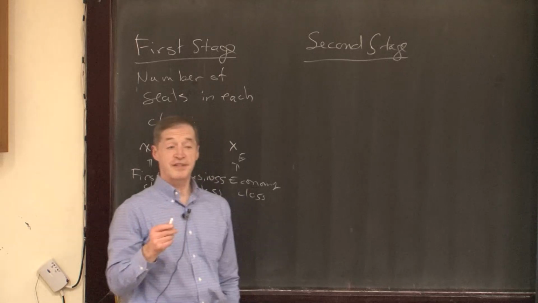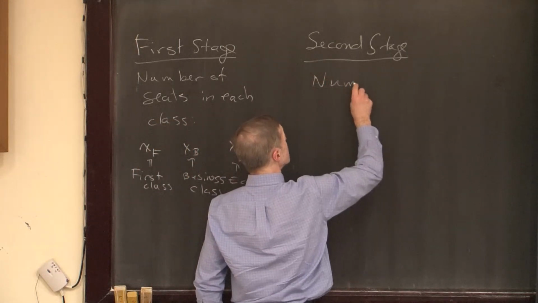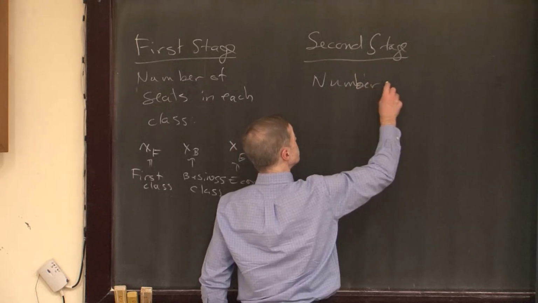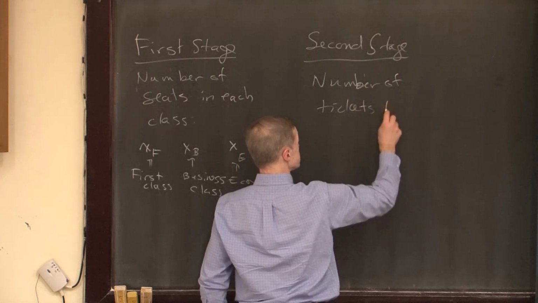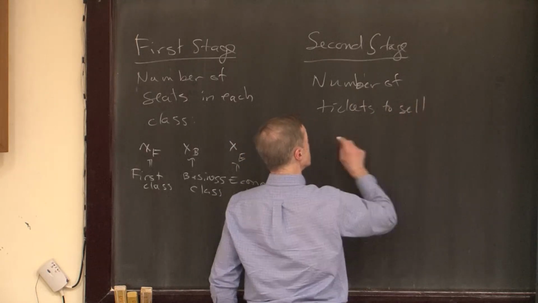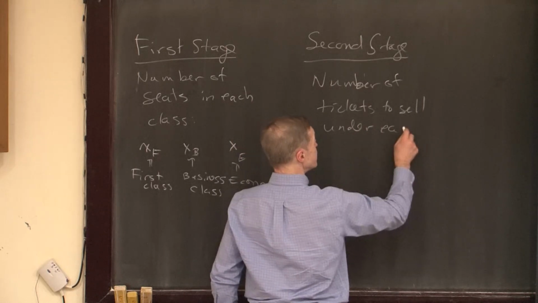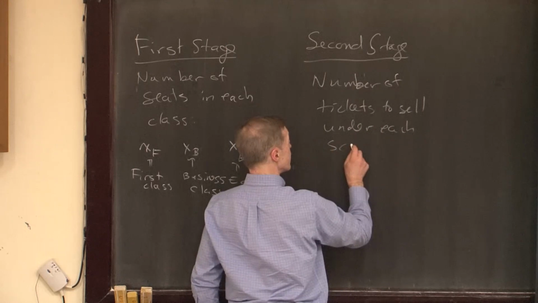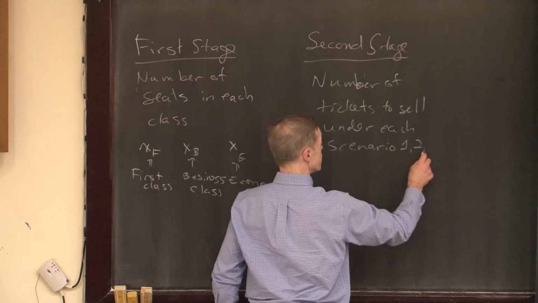The second stage decisions are going to be how many tickets do you sell. It's going to be under each scenario, and there are 3 scenarios: 1, 2, or 3.